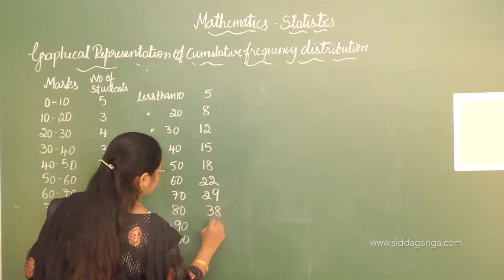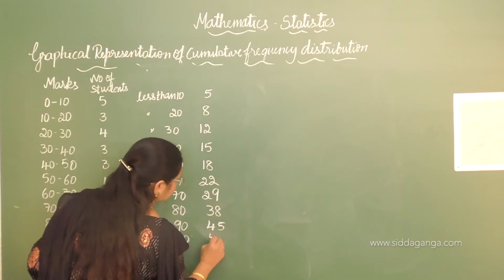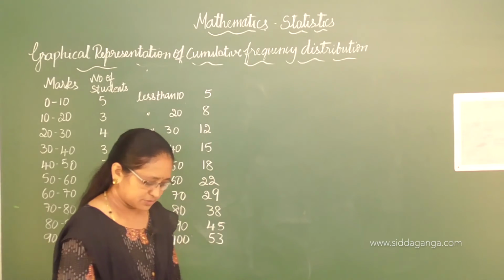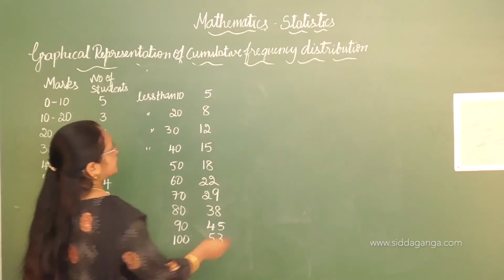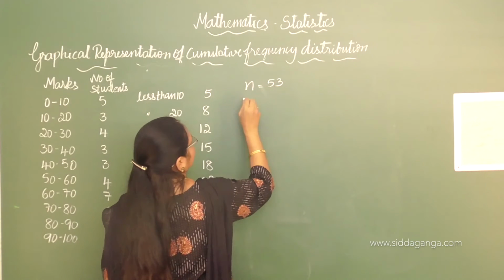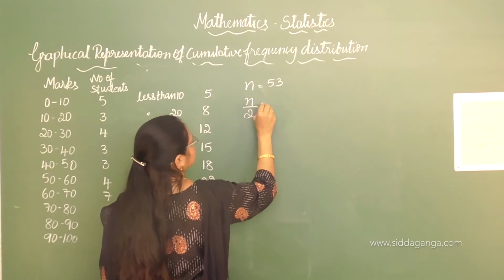You can check the problem which I have done. Now, here you all know n, we have n as 53. Now n by 2 is how much?